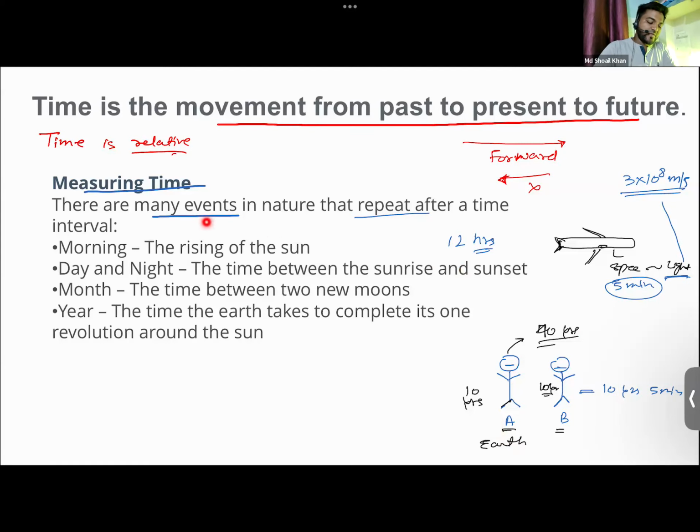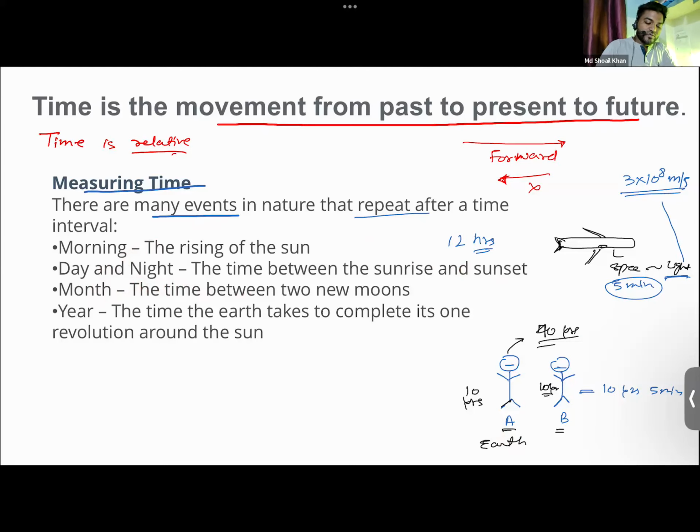Okay. Then we know that time can be measured by looking at different events happening in nature as well, like morning, day and night. There's a fixed gap between day and night. Then the month is taken as the time between two new moons.